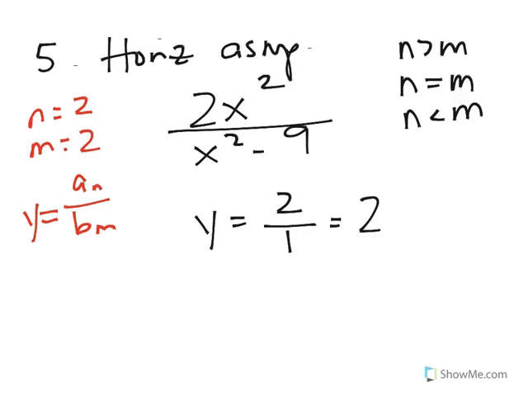Now step number 6 talks about plotting at least one point between and beyond each x-intercept and vertical asymptote. So what we do here is that we know our x-intercept.